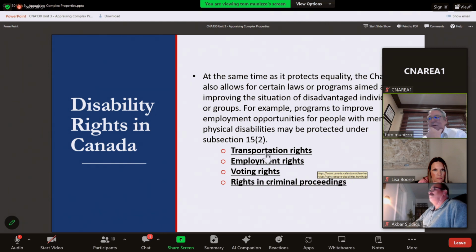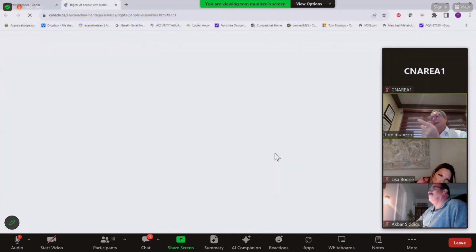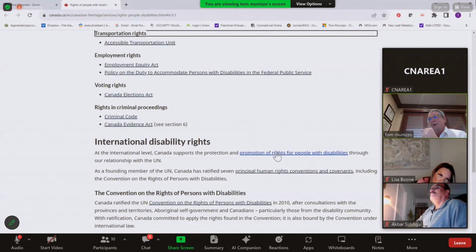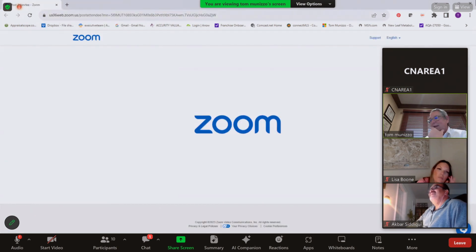If you hover your cursor over those bullet points, it'll give you the links to those. I just clicked on it and I am all the way on the rights of people with disabilities in Canada.